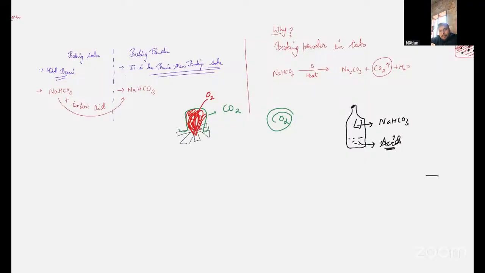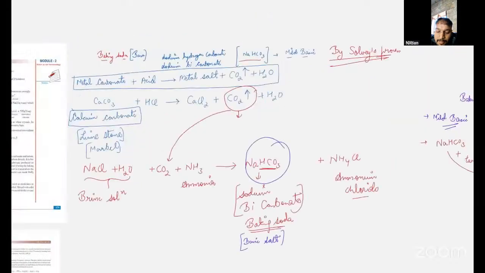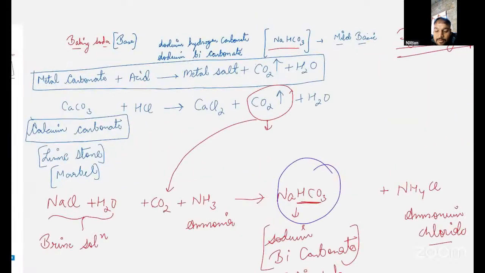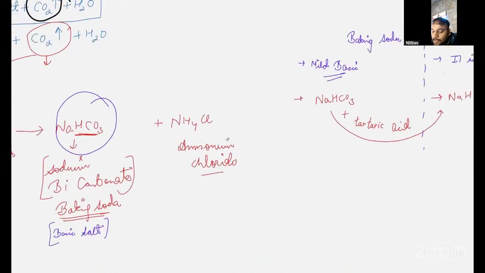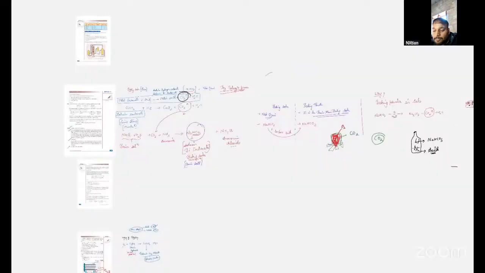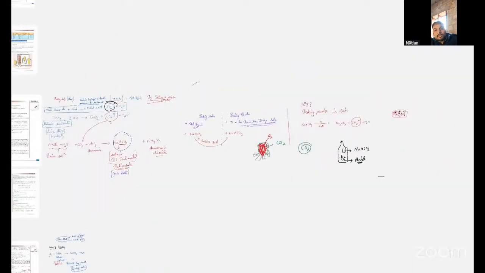When we pull the pin, like in an extinguisher, this bottle will break and the salt will dissolve in the acid. And we just learned that when a metal carbonate or metal bicarbonate reacts with acid, it gives us carbon dioxide. This carbon dioxide, with pressure, will be put on the fire. Did you understand, guys, how it works?